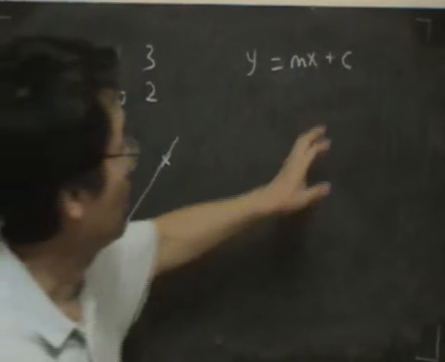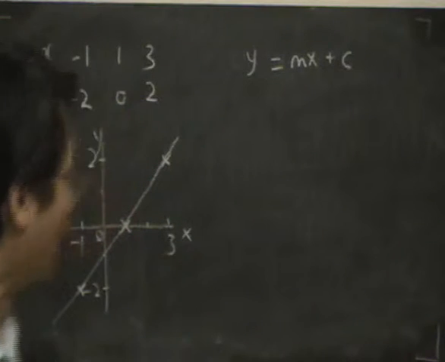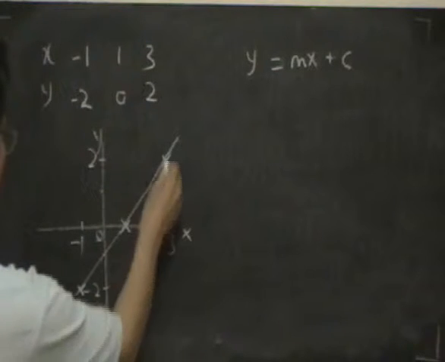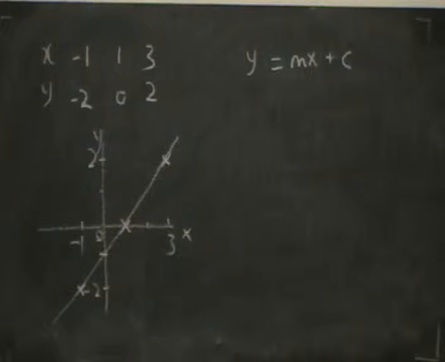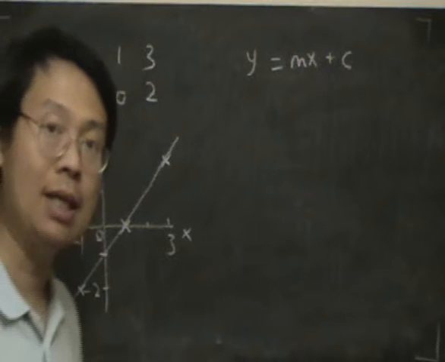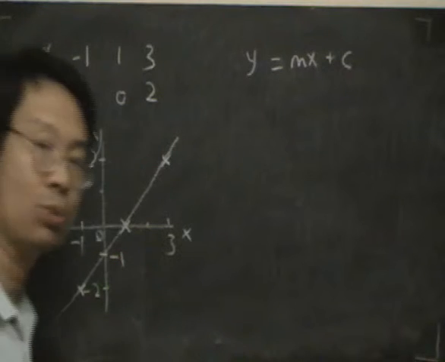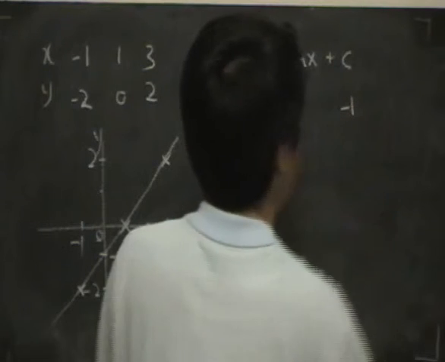The easier number to find is c. c is the y-intercept, which means the point where the line cuts the y-axis. In this case, if you have done it carefully on graph paper, you'll find that the y-intercept is -1. So the c there is -1.